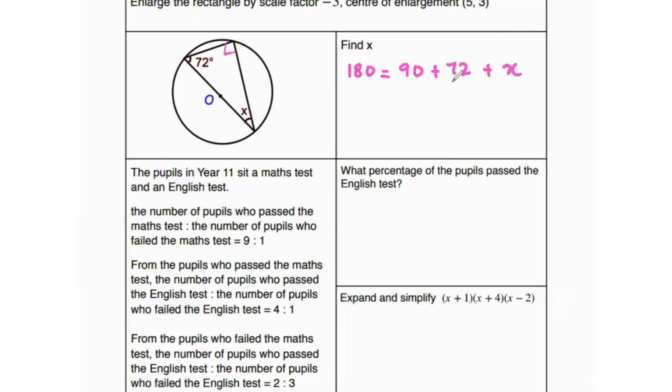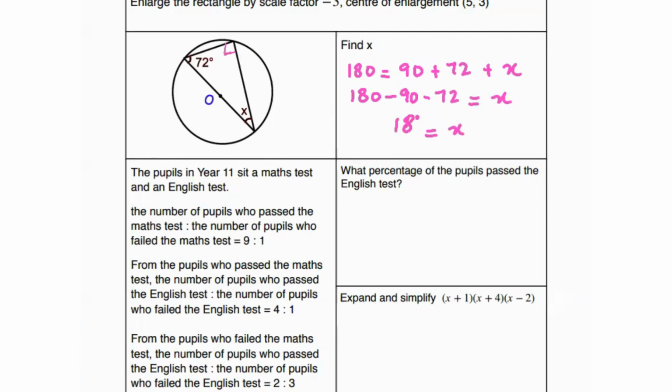The reason why we're putting 90 plus 72 plus x equal to 180 is because the sum of angles of a triangle equals 180. So to find the value of x, we need to add up all of the angles and put them equal to the sum of angles. So next we do 180 minus 90 minus 72 equals x, which is going to give us 18 degrees.